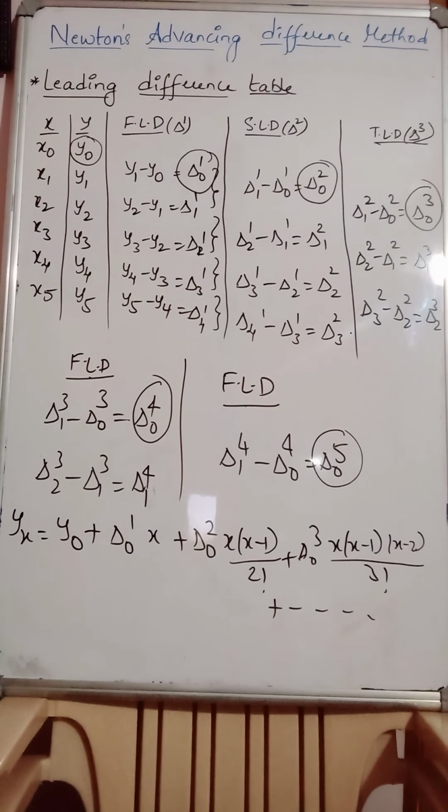The value which is to be interpolated minus the value of x at origin, divided by the common difference between x. That is how the x has to be calculated. Are you guys clear? Now, one dummy problem I will take and show how the leading difference table should be considered. Let us see that now.